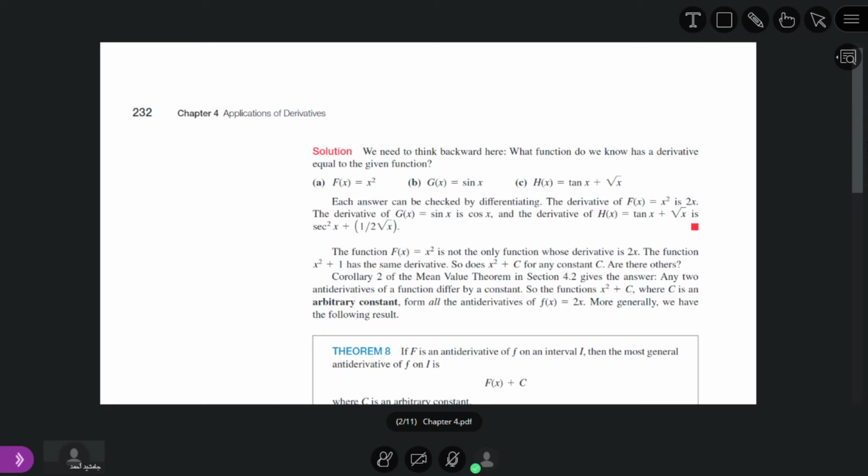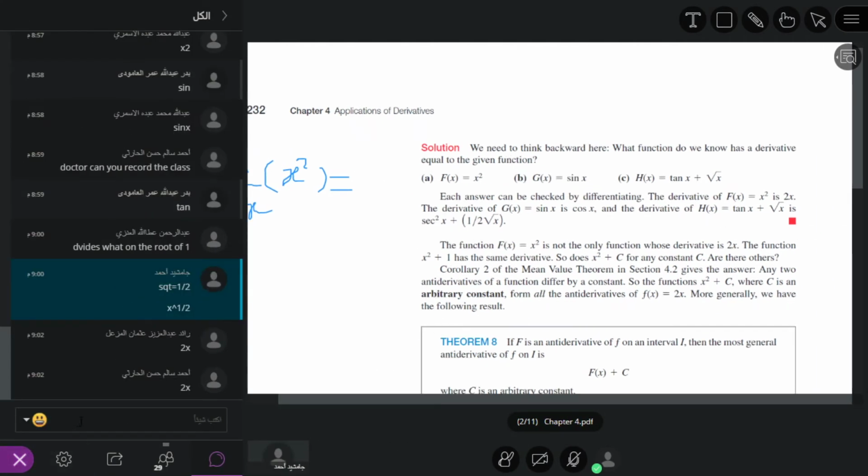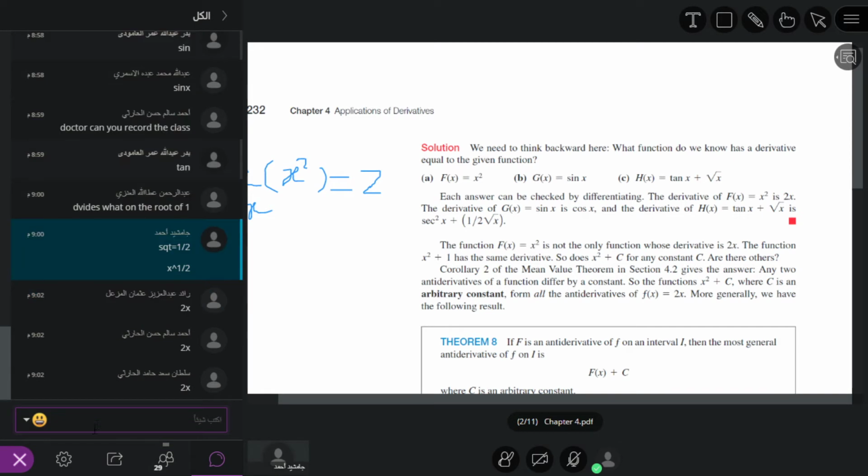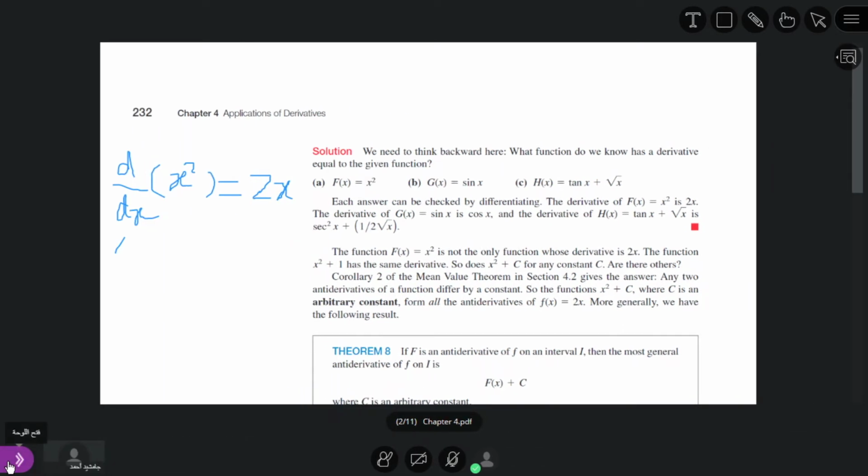So here I have a question, with a little change. If I ask you for the derivative, we use d over dx. If I ask you the derivative of x square, what is this? Yes, 2x. Now, if I put x square plus 1, what will be its derivative?